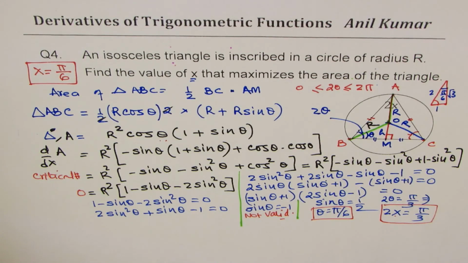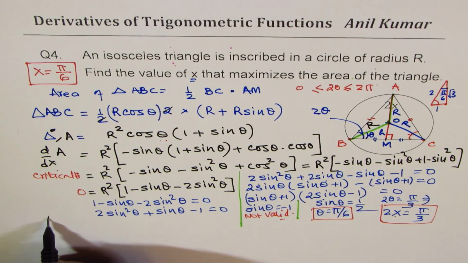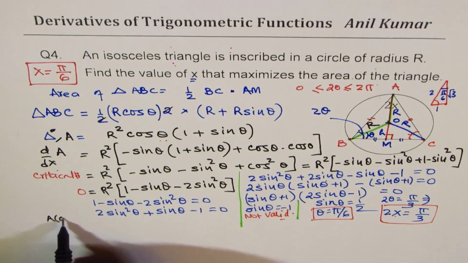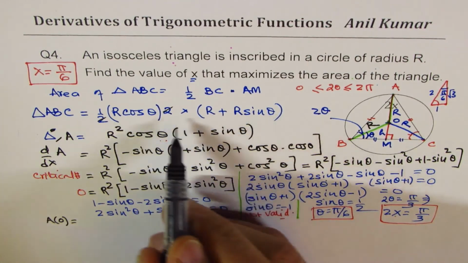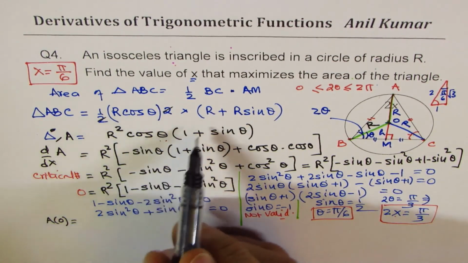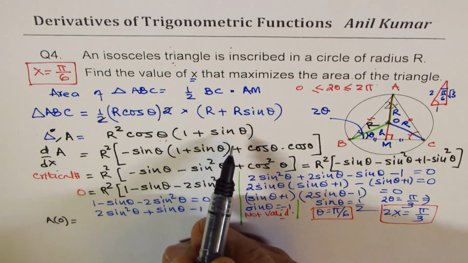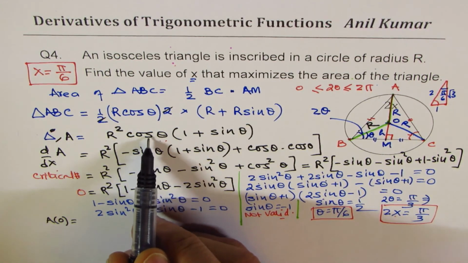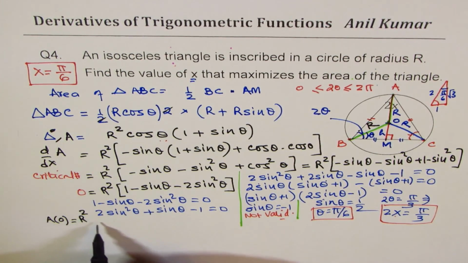So we'll find the area when theta is 0. Since we are writing this in terms of theta, when I write 0 here, sine 0 is 0, we are left with cos 0, which is 1, so we get r square.